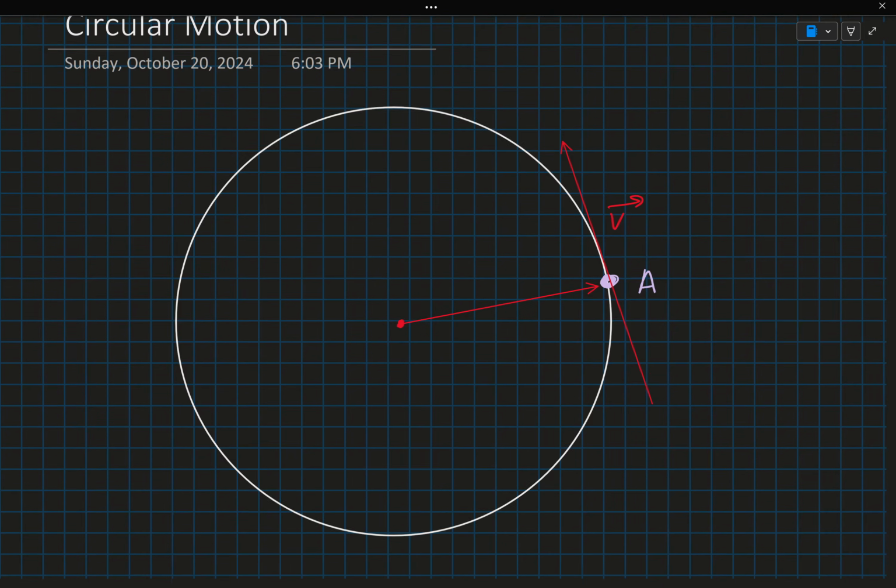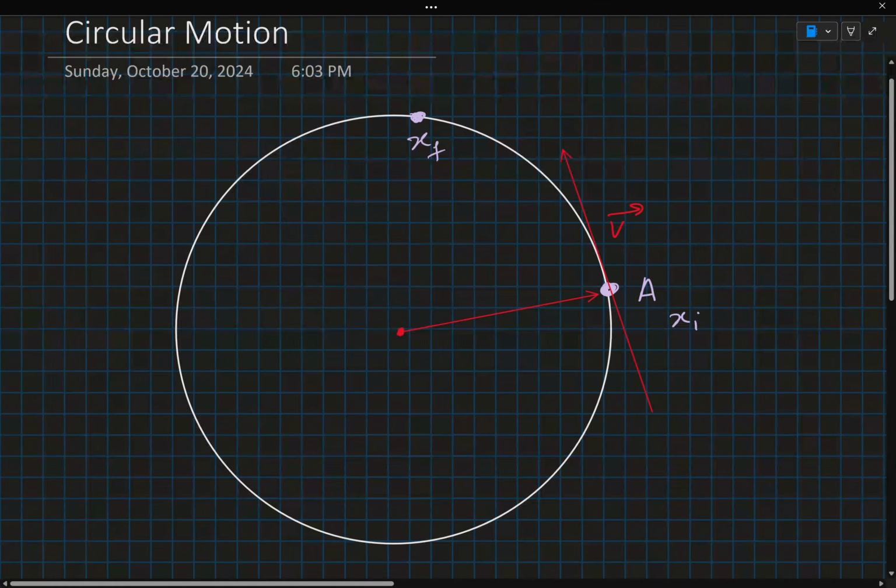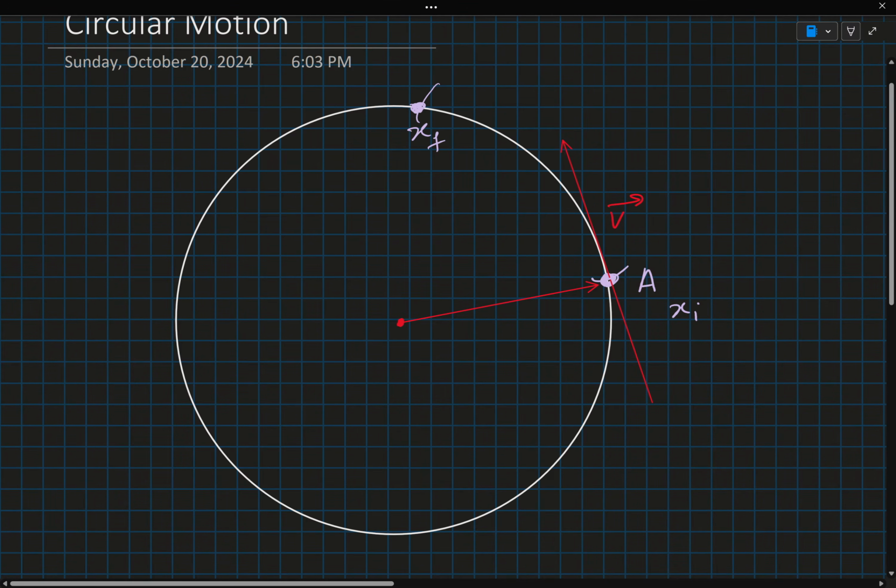Let's say that A moved from this initial position up to this other position. This part of the circle that it moved would be our angular displacement. That would be the distance it moved in the circular direction.